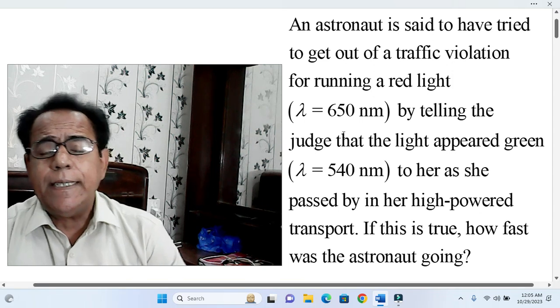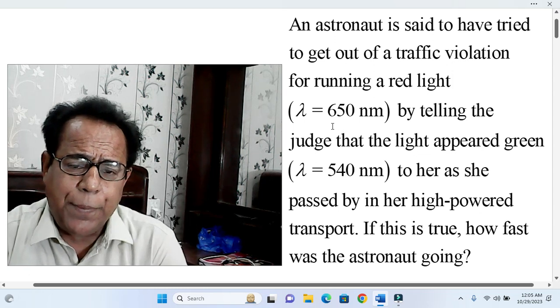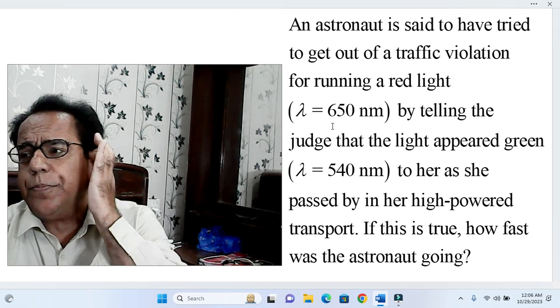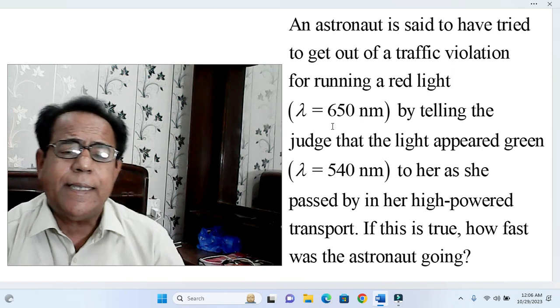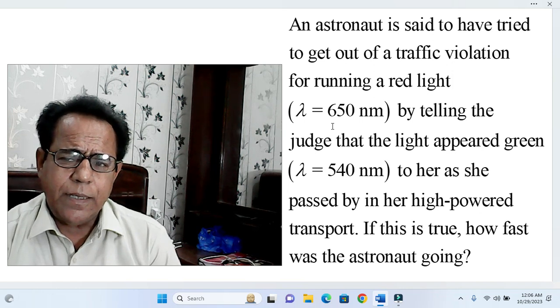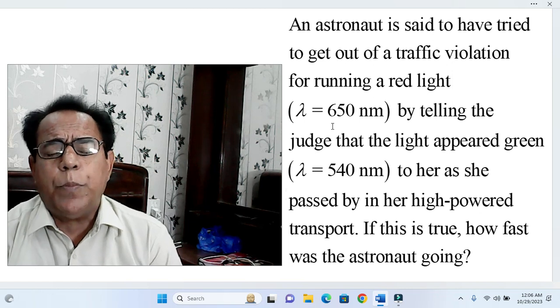Dear students, in this problem, because wavelength lambda is involved, so we will also discuss a little about the spectrum of electromagnetic radiation.